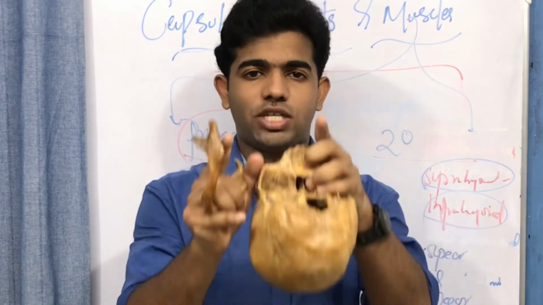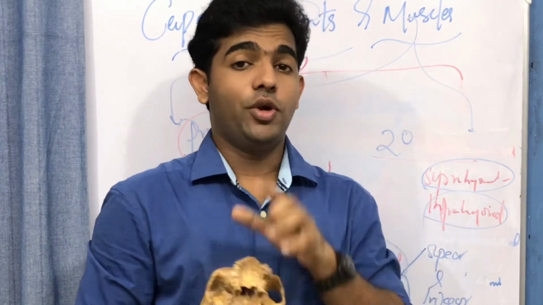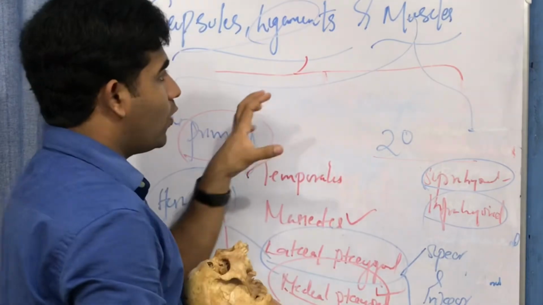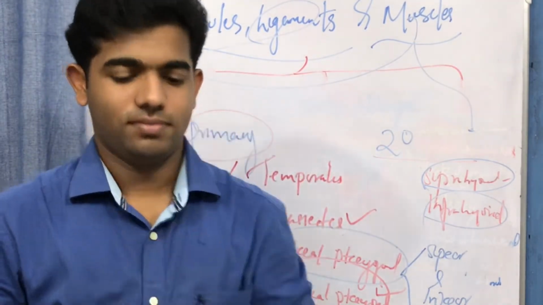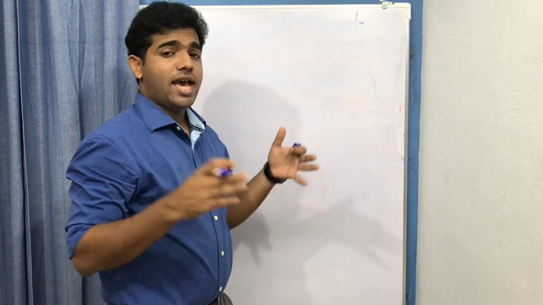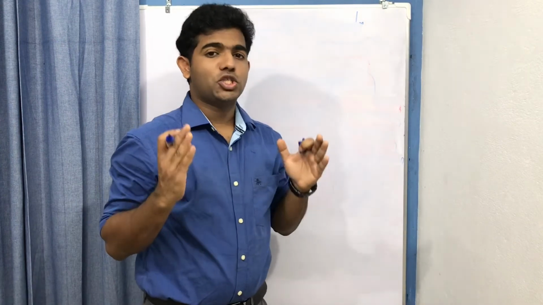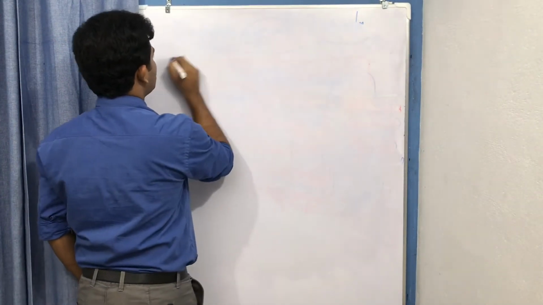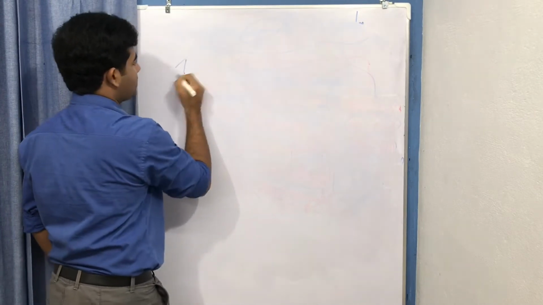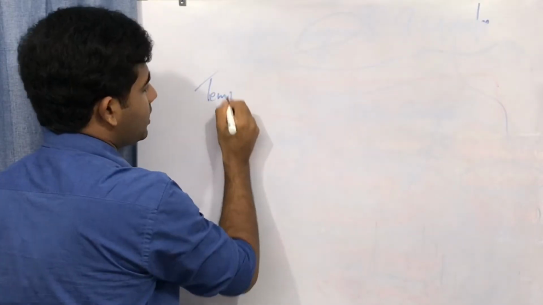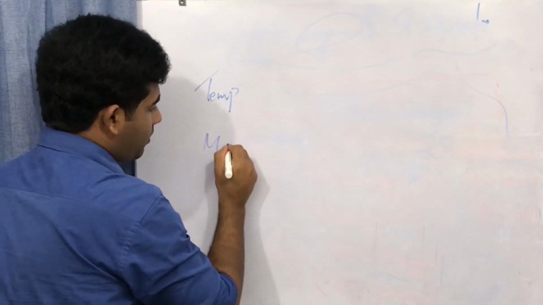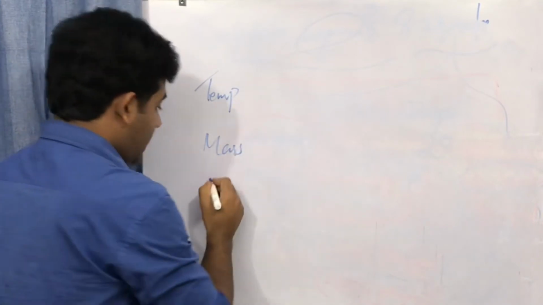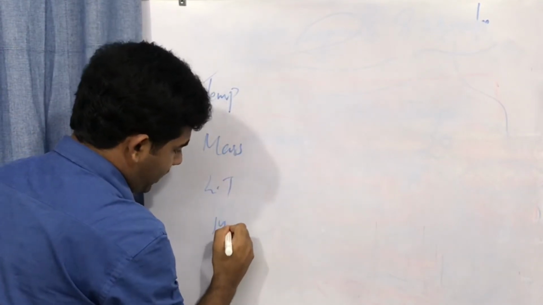And now it's time to focus on the unique function of all four of these muscles. We move on to the function of the muscles of the temporomandibular joint. Of course, what are the muscles? The temporalis muscle, the masseter muscle, the lateral pterygoid muscle and the medial pterygoid muscle.